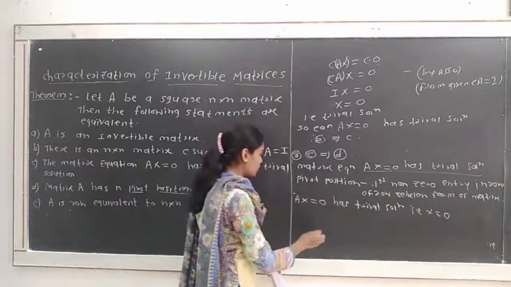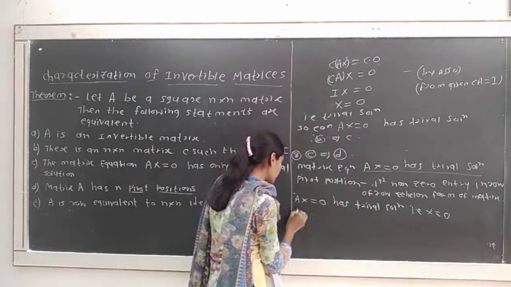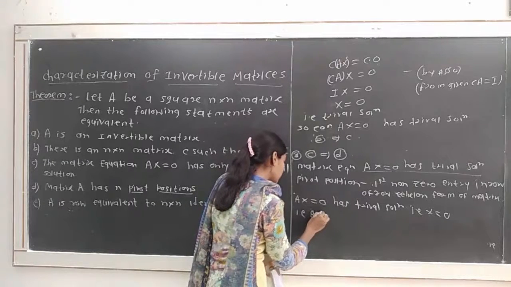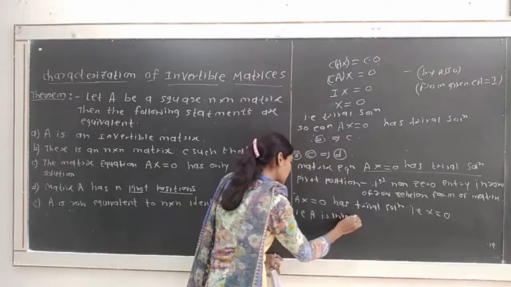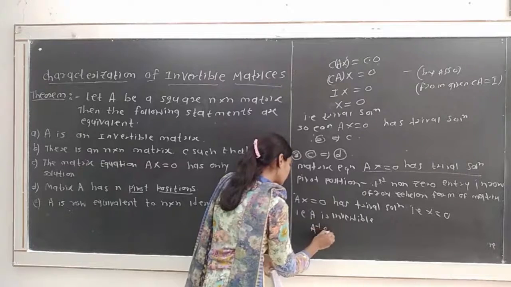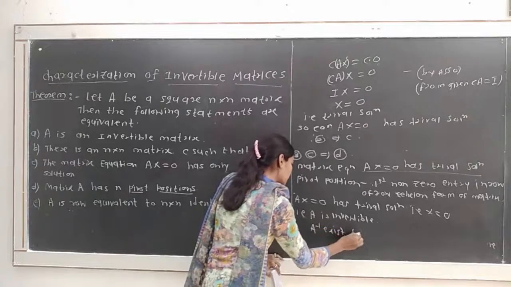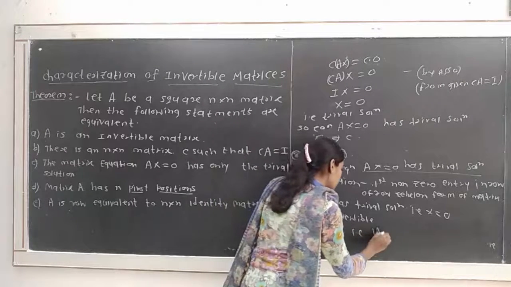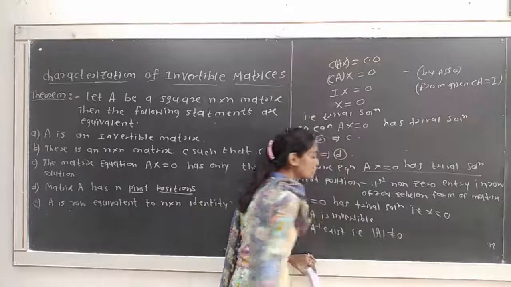Okay, x is equal to 0, which is the trivial solution, that is A is invertible, that is matrix A is invertible, that is A inverse exists, and that means determinant of A is not equal to 0.